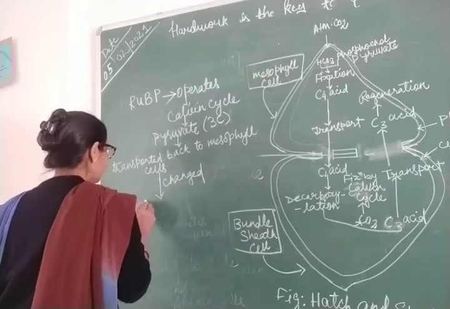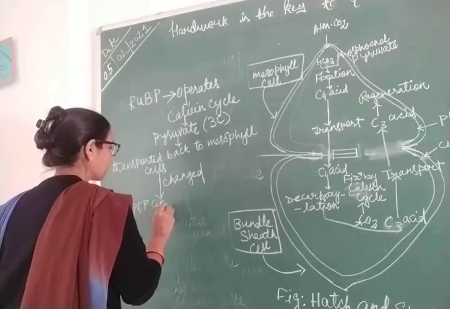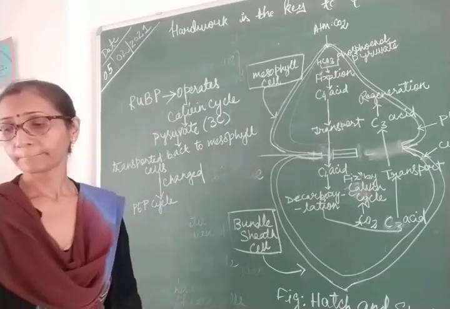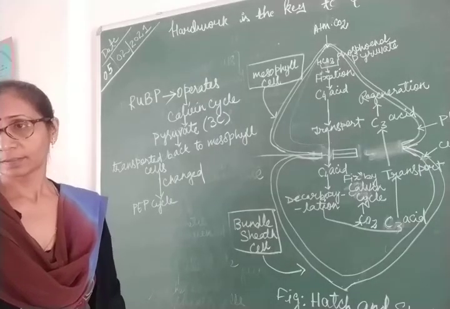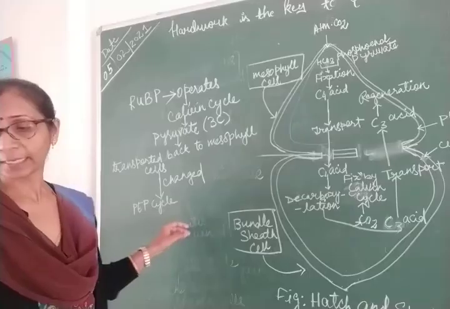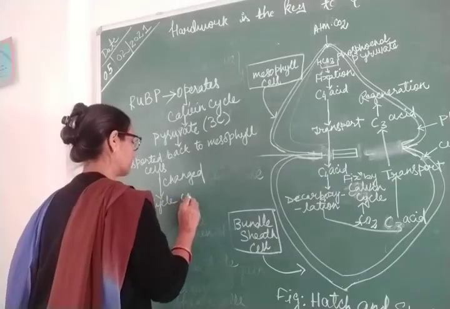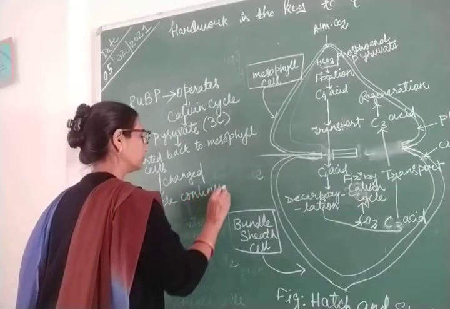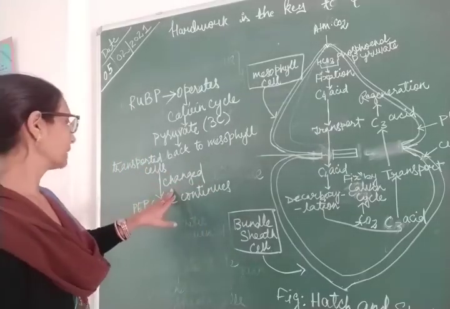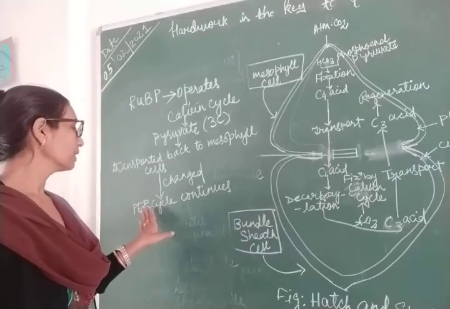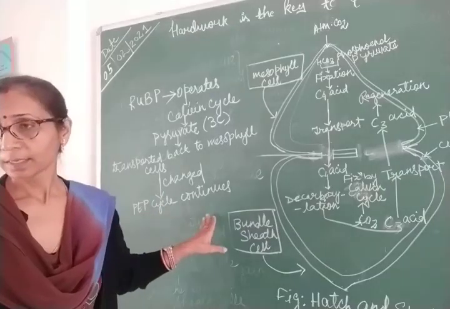What is the PEP cycle? Phosphoenol pyruvate. So these get converted so that the phosphoenol pyruvate cycle continues.